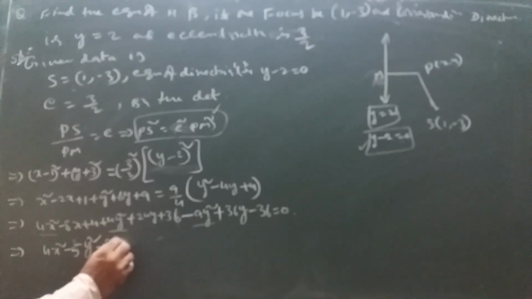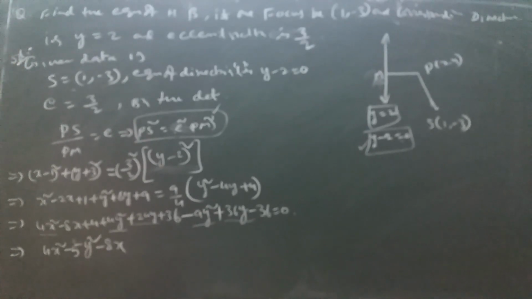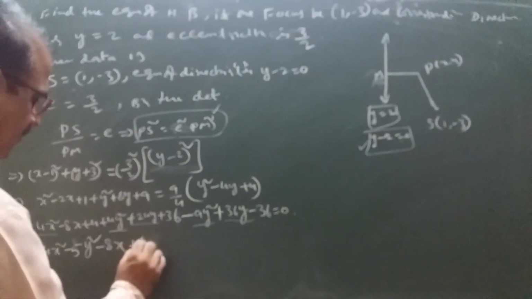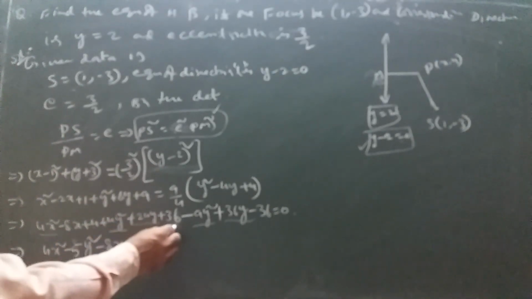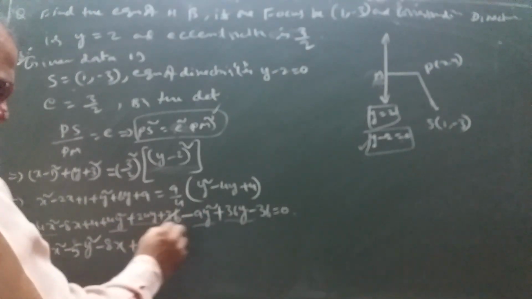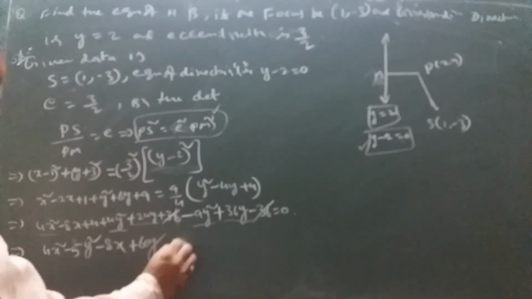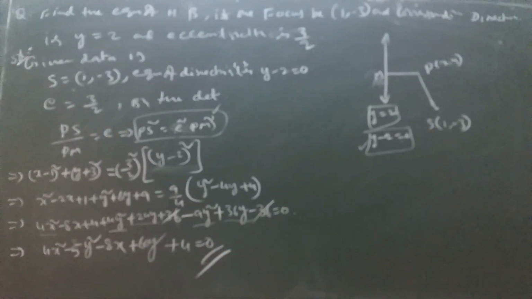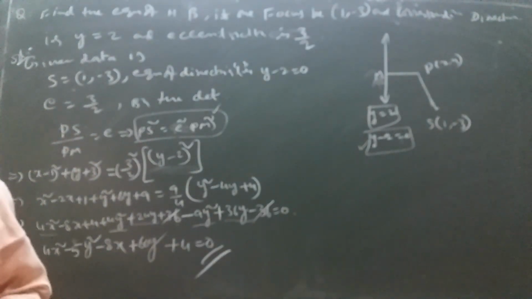Then 24y plus 36y, that is 60y. And then constants: 4 plus 36 is 40, 40 minus 36 gets cancelled, so the remaining is only 4. This is the equation of hyperbola which we required. We have to solve this in this way to get 4 marks.